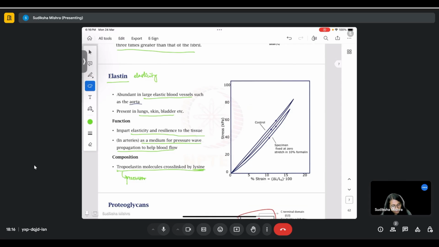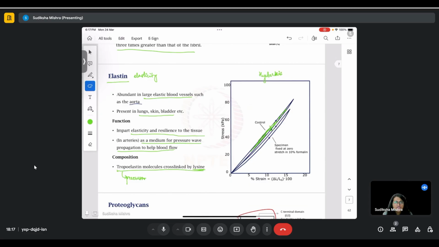Now, if you look at the stress strain curve for elastin, you can see there is a gap between the increase in stress and the final decrease in the strain, which is essentially hysteresis.